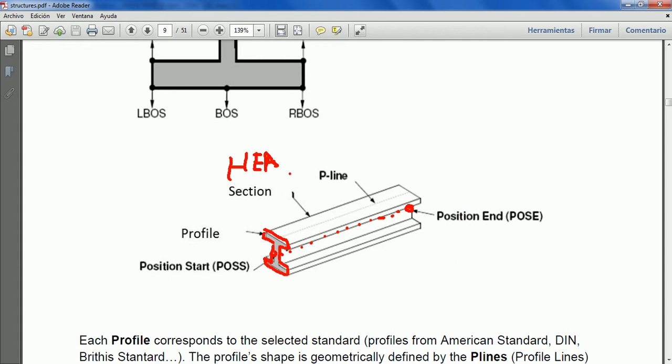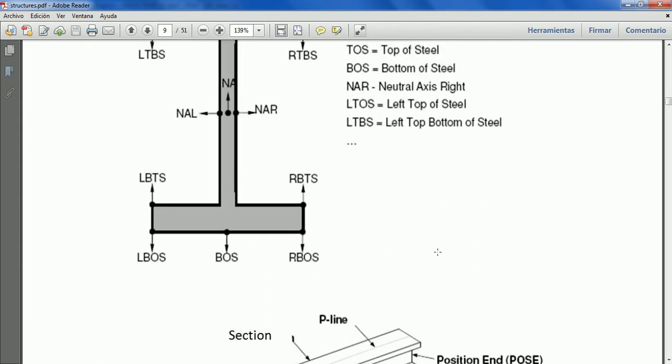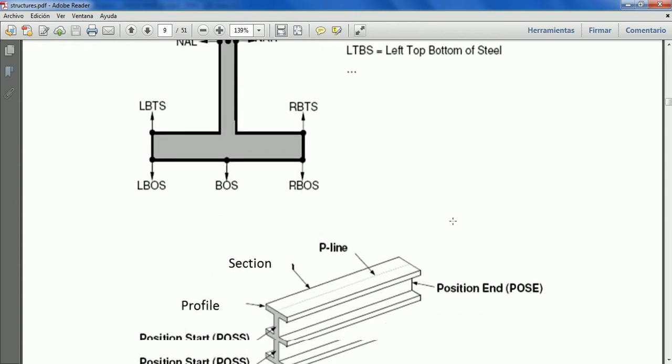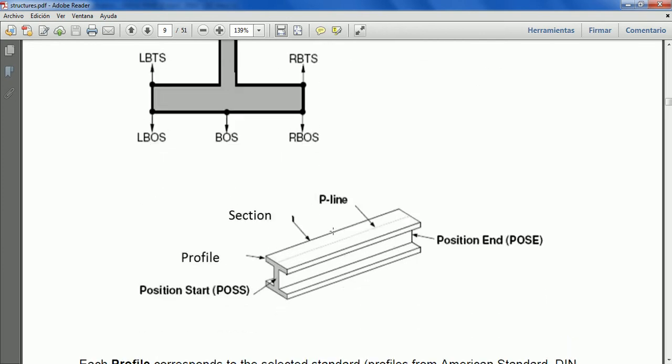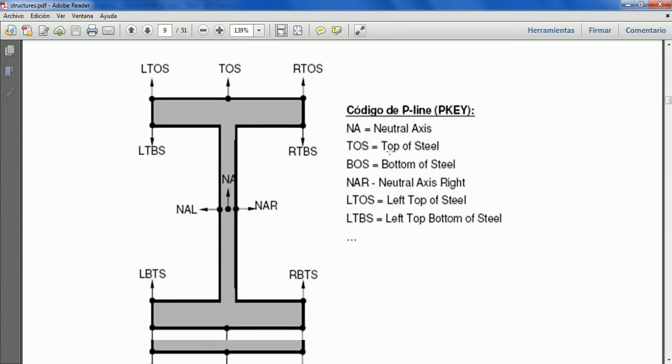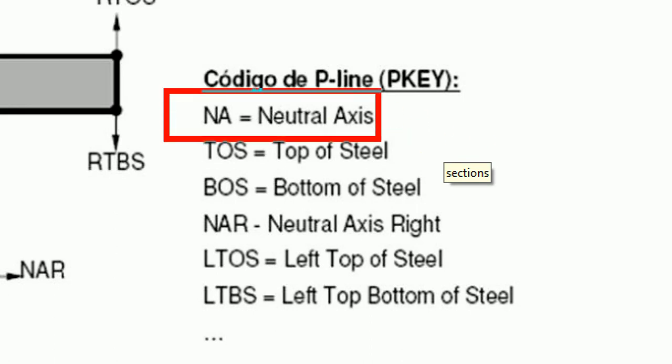Okay, with the profile, just forming the whole section, in this case a beam. So all the corners of the profile here, all the edge, all the vertex, will form a P-line. Okay, so the P-line, it's like the P-point we saw in the equipment modeling module. So these P-lines formed by extending the profile are key lines in the geometry or the shape of the section. Okay, so the most important line will be the neutral axis.